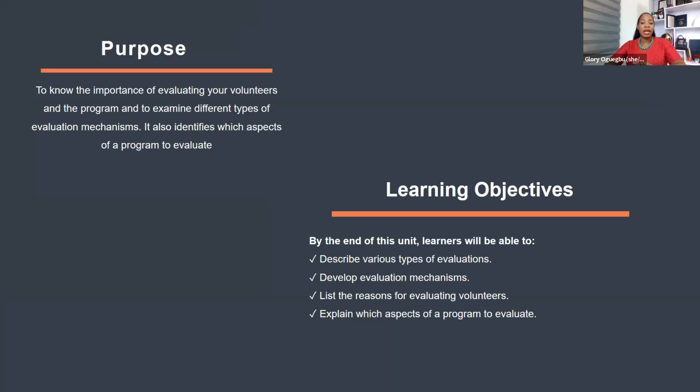You need to explain what aspects of programs to evaluate, what portions of your volunteer program, because by this time, you already finished the program. From our example, you've already finished hosting the entrepreneurial, the employment events that you run in that community. Or you have already built the cassava processing factory, taking it from my NYC experience that I shared.